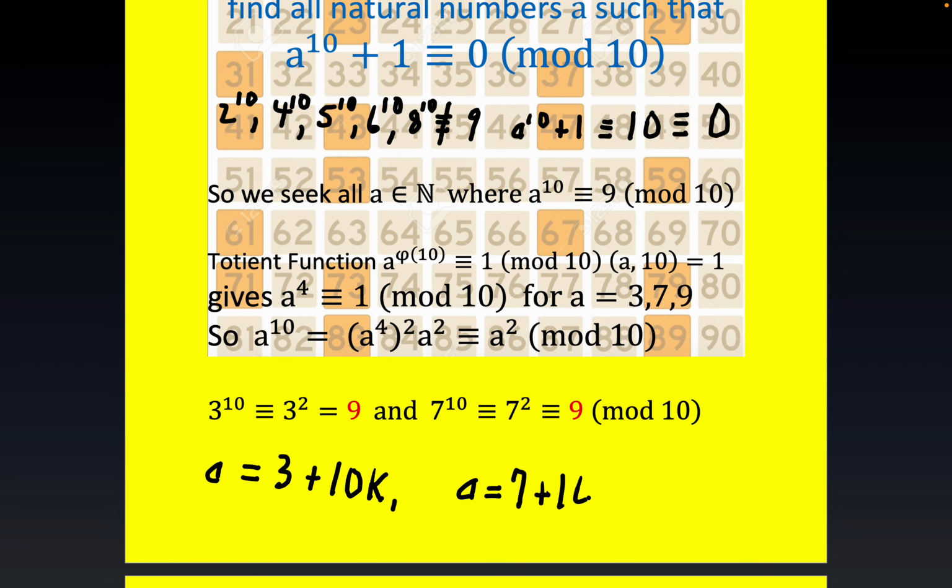I think it's pretty clear they wouldn't necessarily be the same constant, so it's probably better to distinguish. But these are the solutions. So a number like 13, for example, would work, 23. Not just 3, but a whole equivalence class: 3, 13, 23, 33, and so on. And you would have 7, 17, 27, and so on. So there are an infinite number of solutions of these forms.